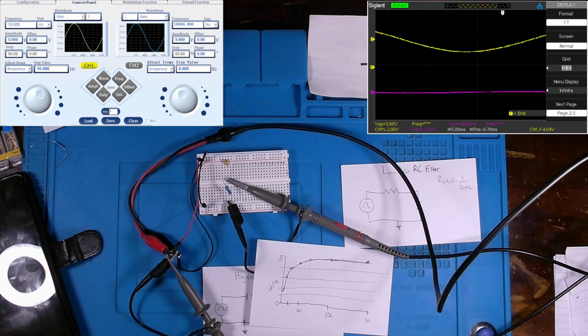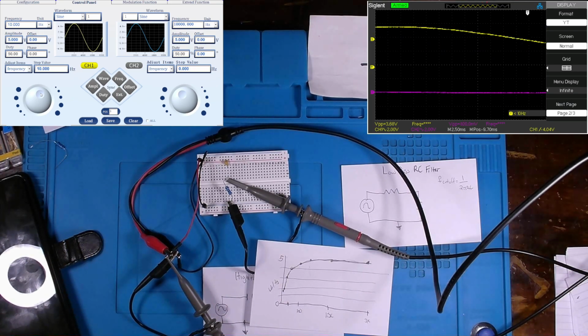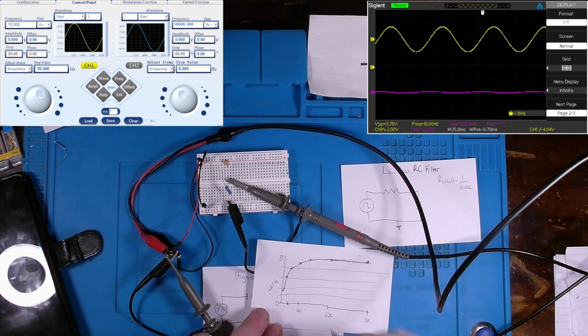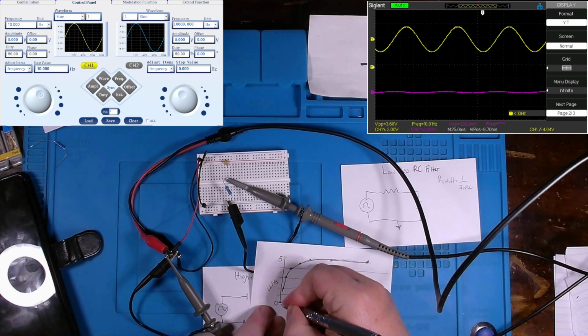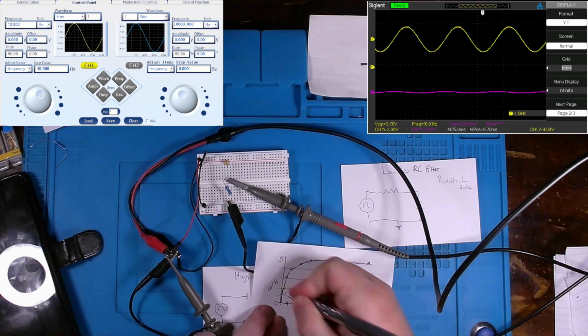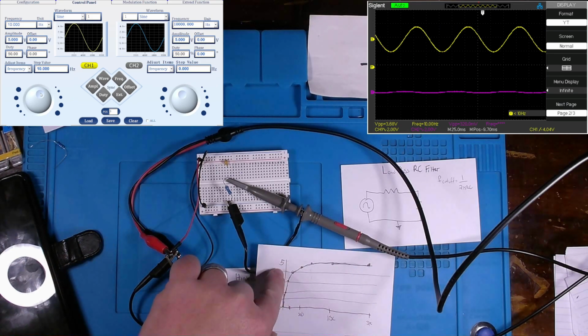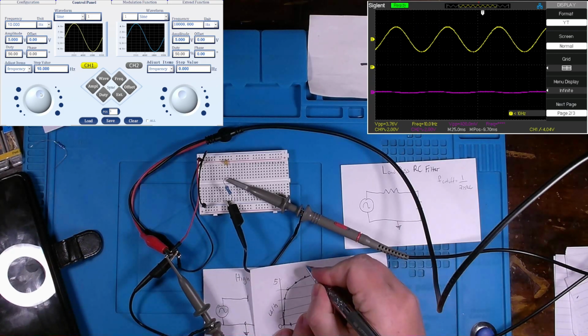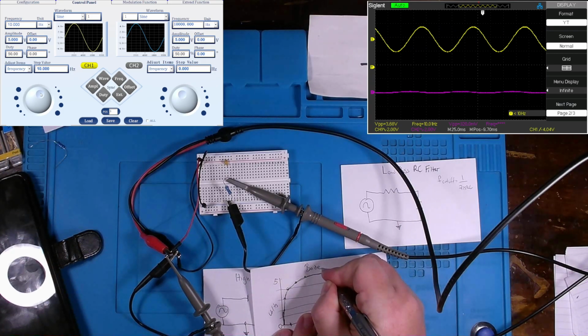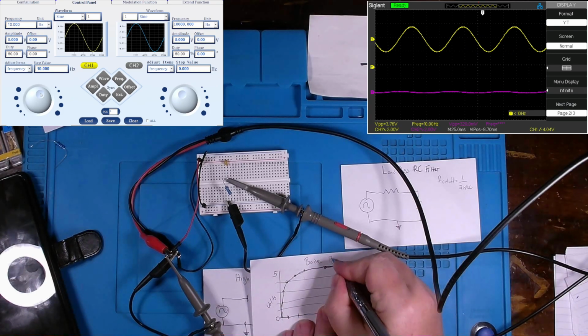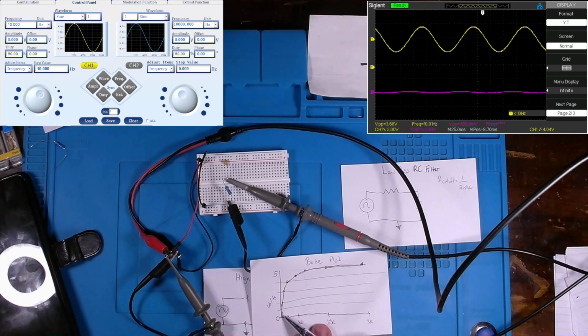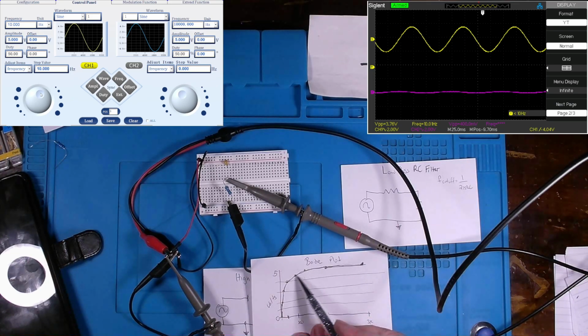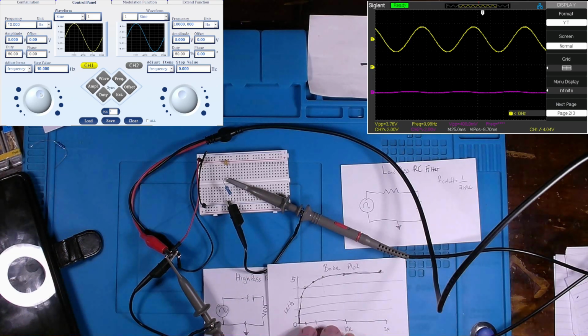Oh, it's basically not even there at this point. Yeah, 400 millivolts right at 10. We'll just mark that down. But again, you can still see on our Bode plot that bell curve that we established with this type of filter.